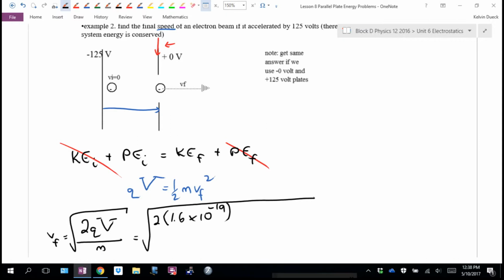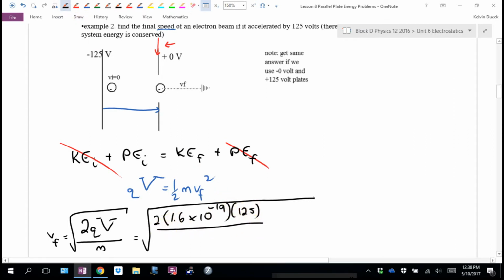Now, ready? If I could call the voltage negative, I would also call the charge negative because it is an electron and we are doing scalar. But am I taking the square root of something? Yeah. Don't I want the inside to be positive? For this particular one, you want it to be positive, so don't freak out about the signs. Just take the square root. So call it 125, okay?